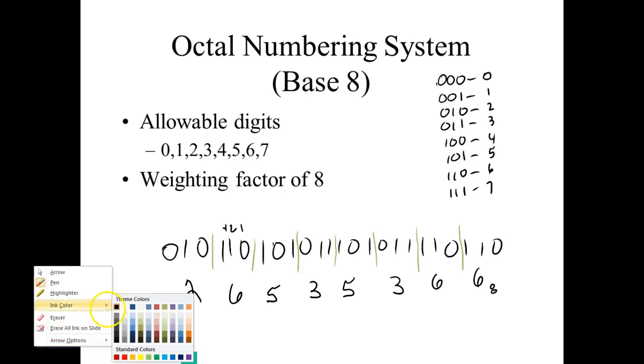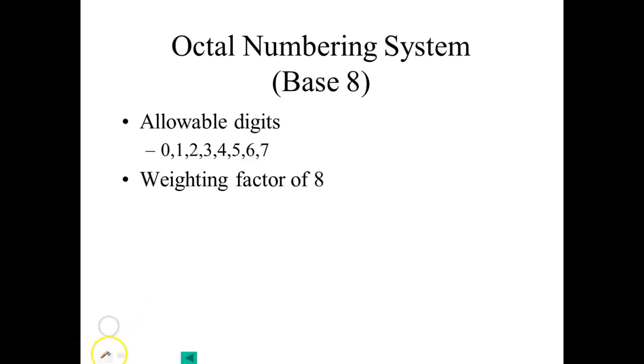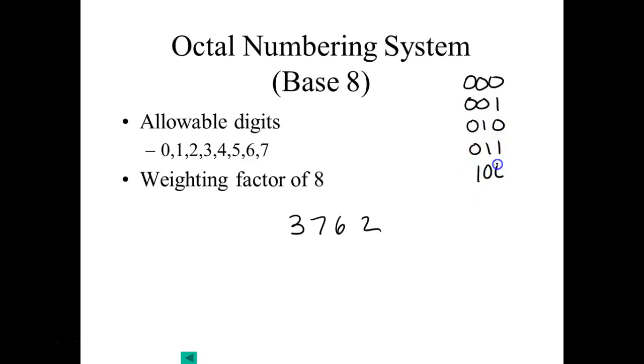So let's say I had an octal number and I wanted to go to binary: 3, 7, 6, 2. Well, what I would do is start down at the most significant digit, and you've got to use 3 bits, right? You understand? Everybody okay? And here are my combinations: 0, 1, 2, 3, 4, 5, 6, and 7.